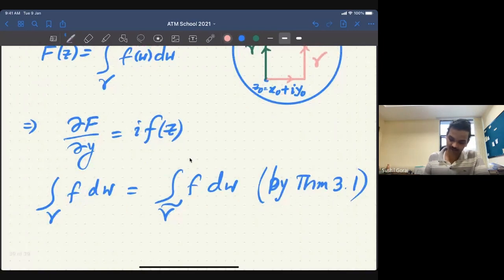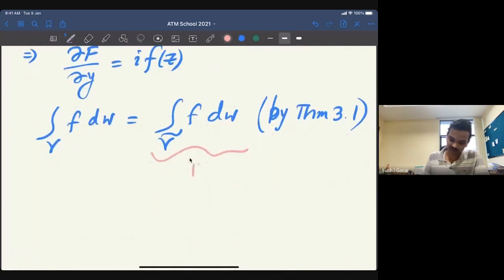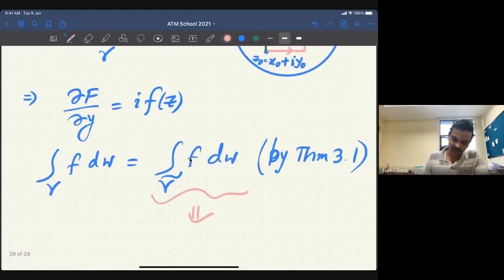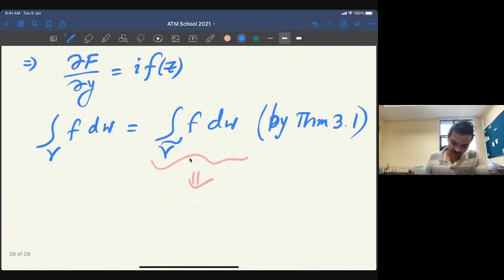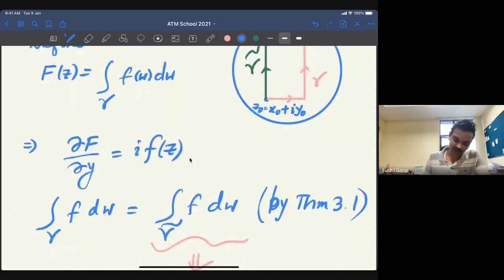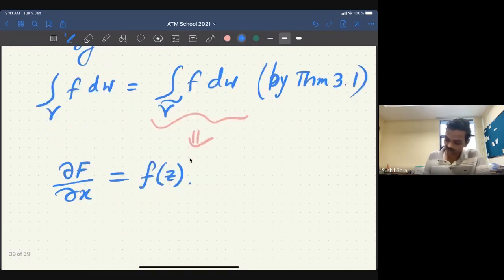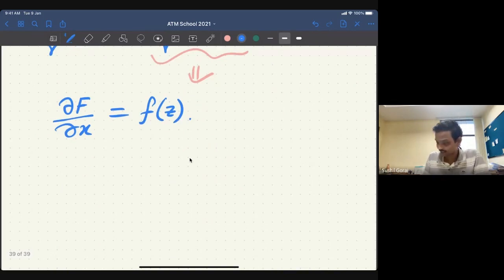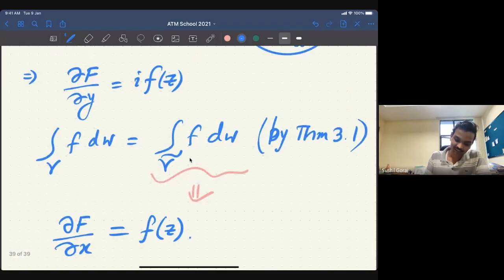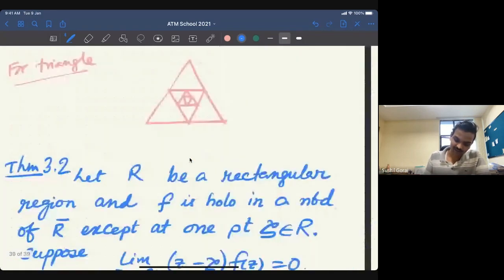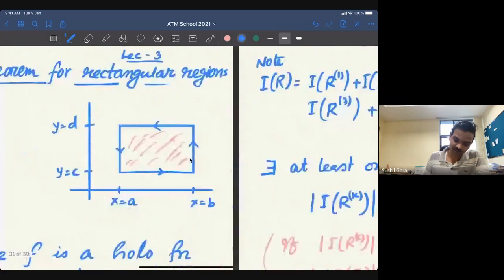And from this part we get, it depends on the input, depends on x actually. So del f by del x, you need to calculate if you are a little confused here, so I'll invite you to compute this. This will be f of z. Now what does this mean? Let me go back to the previous one.